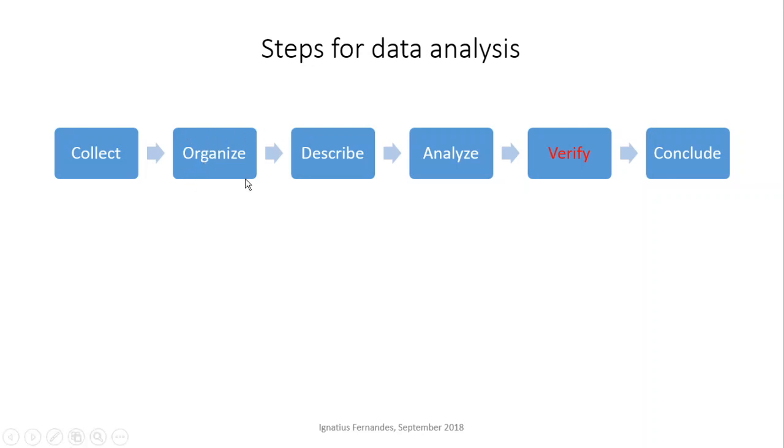Once we have organized it, then we describe the data. I mean, we look at the behavior of the data, or the internal properties of the data points, and so on. And after we have described it, then we try to analyze it by using various statistical tools that we have at hand.